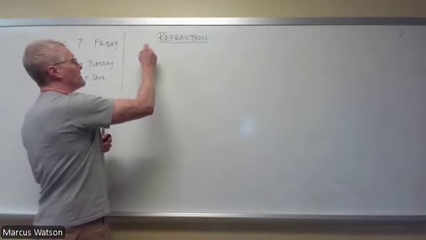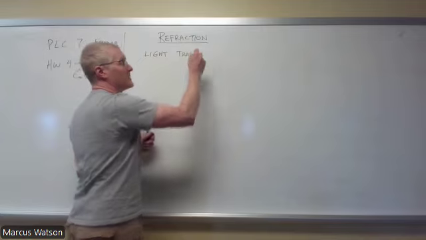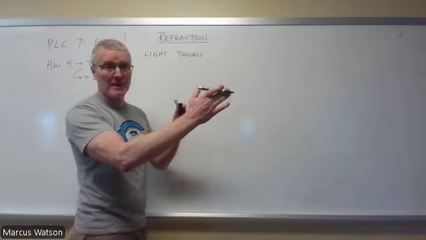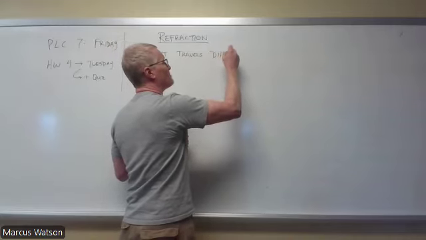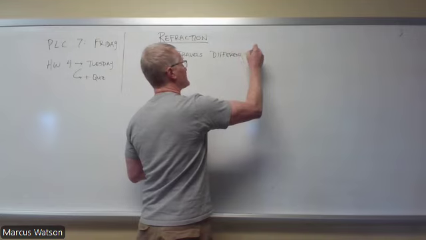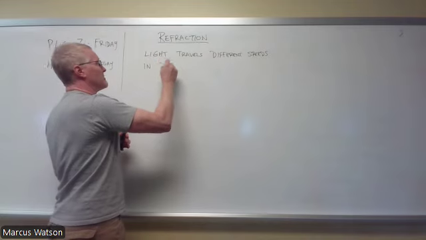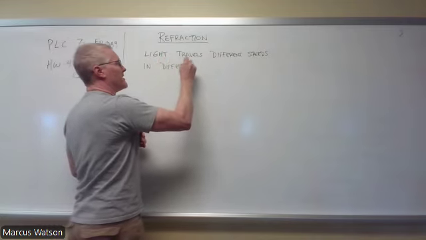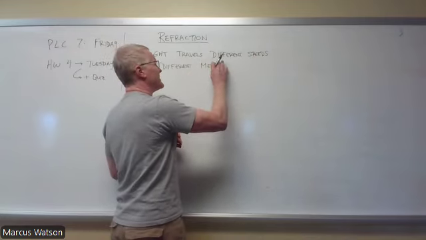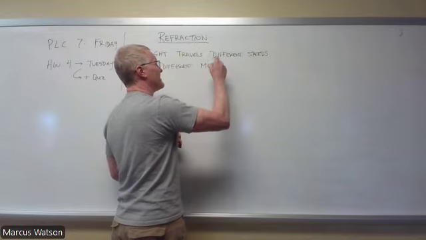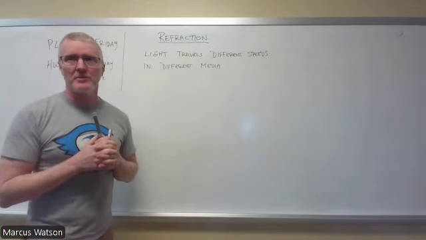Okay, so one of the things that we want to talk about is that light travels, and we're still in geometric optics, by the way, so light is still traveling in a straight line, but light travels at different speeds in different, what's called media. So if I think of air, and vacuum, and water, and glass, and other things like that, we find that we have different speeds of light within those materials.